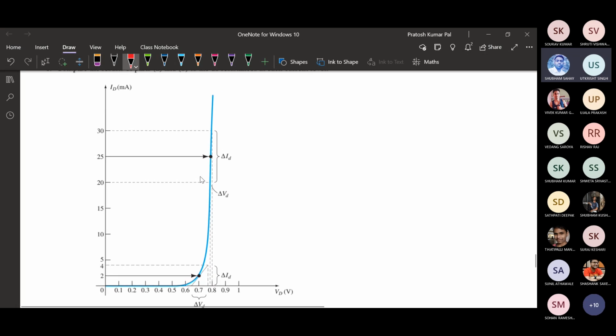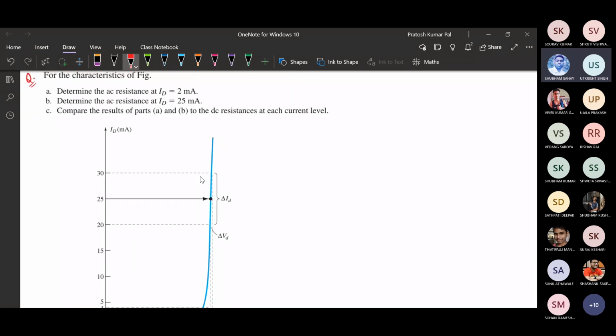Basically, to find out the AC resistance, we need to find out at what particular current we need this AC value. At that particular current, we will draw a tangent to this current point, and from there we can see what is the variation in the input.